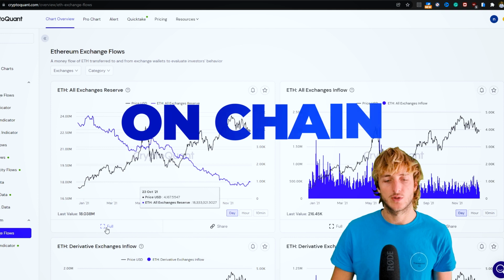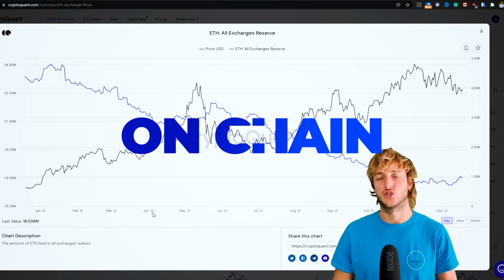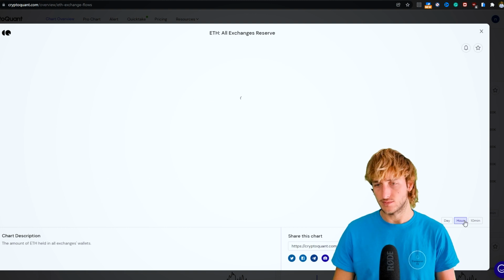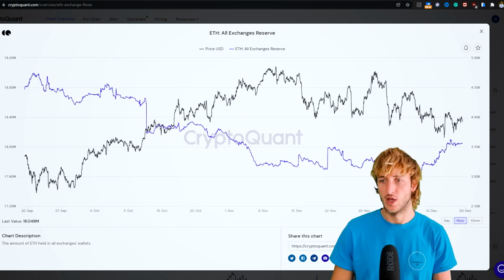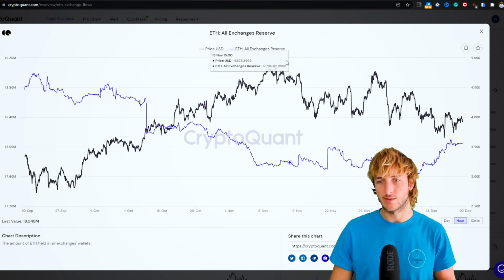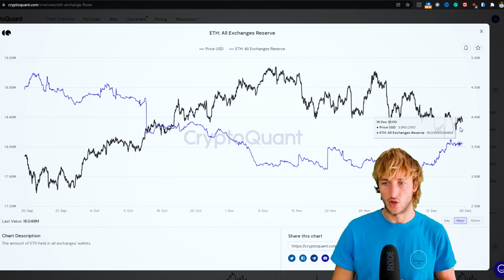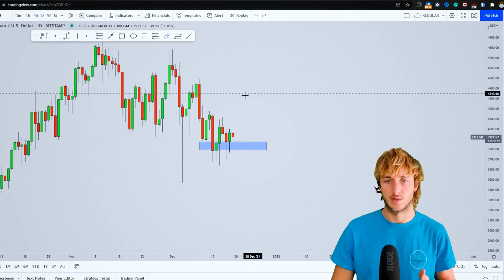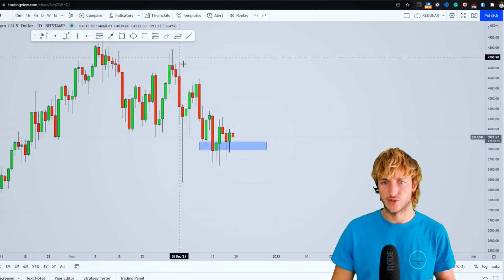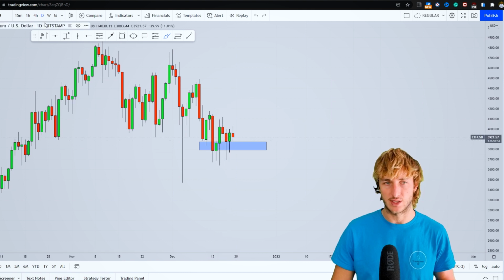Now, if we go and see what is going on from an on-chain perspective, and we look, for example, at the hourly time frame, what we can see is that during the move to the downside that we're currently getting on the Ethereum price during this dip, that we can clearly see also reflected in this price action that we have here.